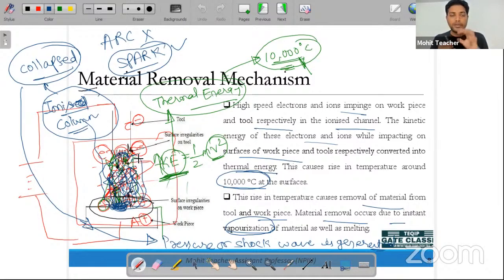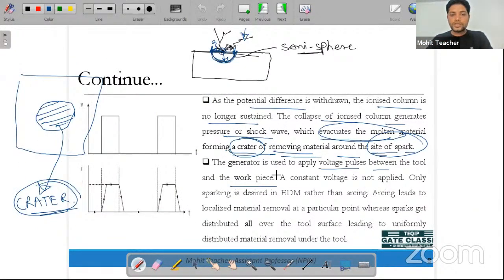So to remove the material, the pulse is first on for some time, then off, then again on, then off, like that. Please keep that in mind. That's why the generator is used to apply voltage pulses. Is it clear now?